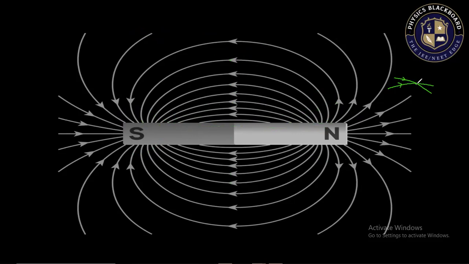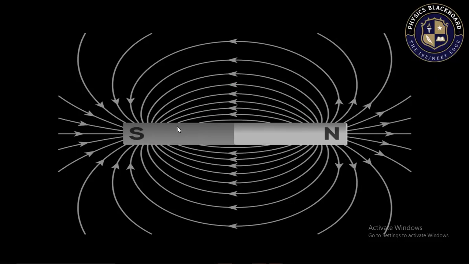It means that at the same point, this magnetic line will have two different directions, which is practically impossible. So we can say that magnetic lines of force around the magnet in the magnetic field never intersect each other.